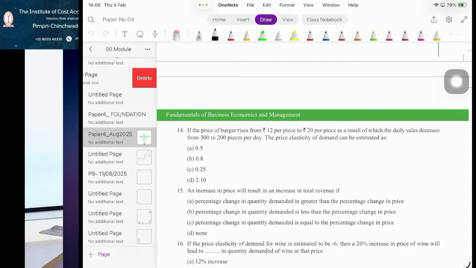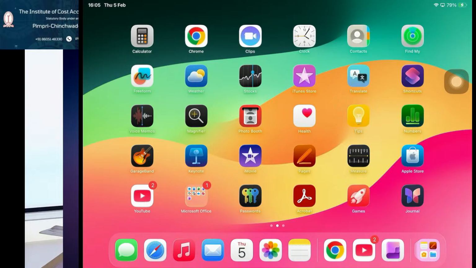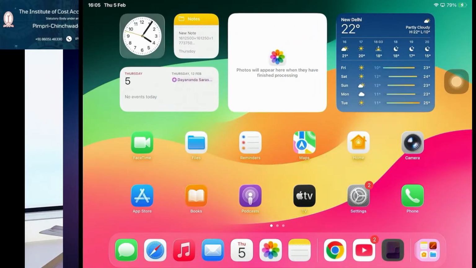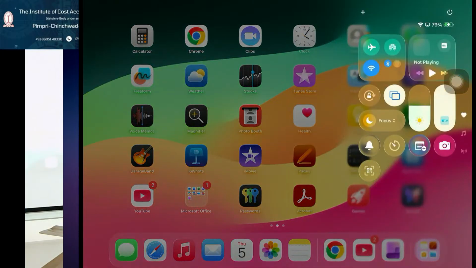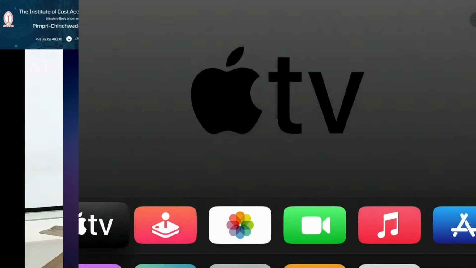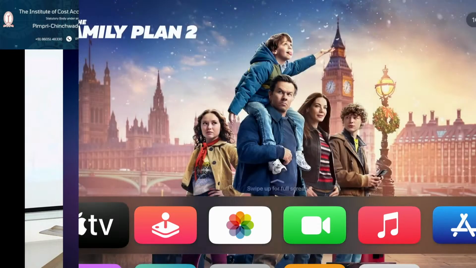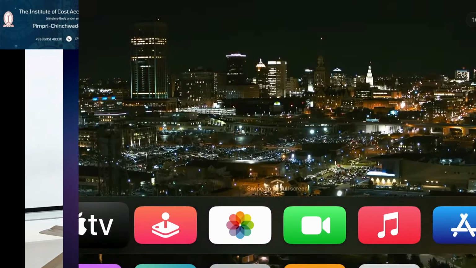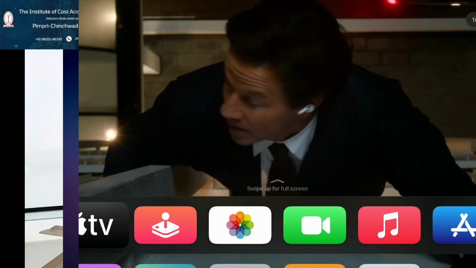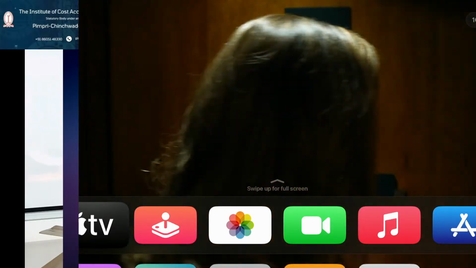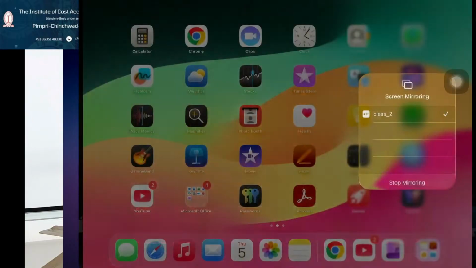I don't know what happened. I don't know why it is doing this with the iPad.